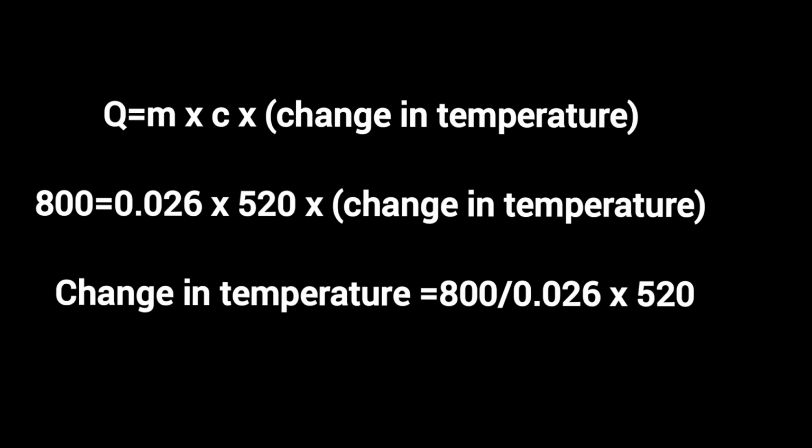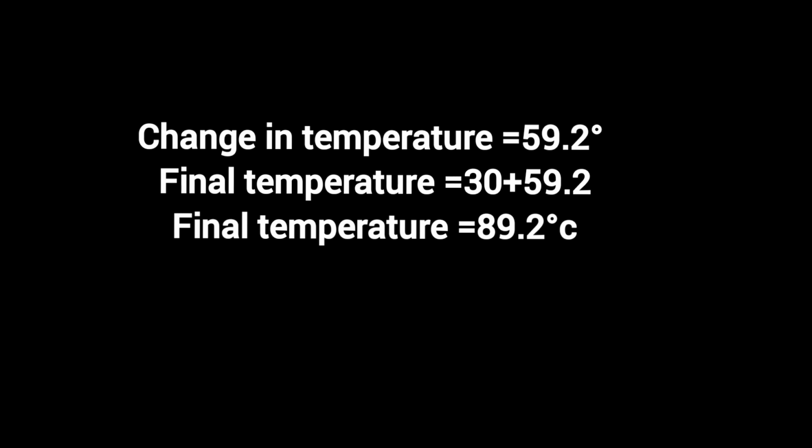So from the formula Q equals mc change in temperature, all we have to do is make change in temperature the subject. And we do this by dividing both sides by everything that is not change in temperature, meaning divide both sides by 0.026 times 520. And after doing this, we get change in temperature as 59.2.